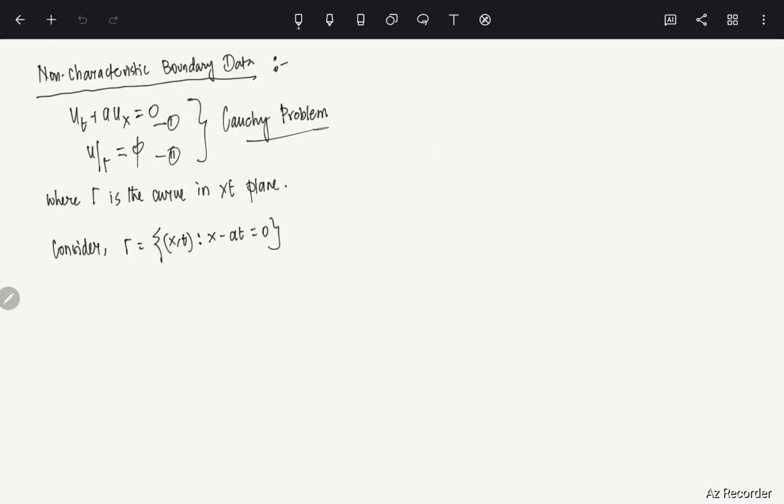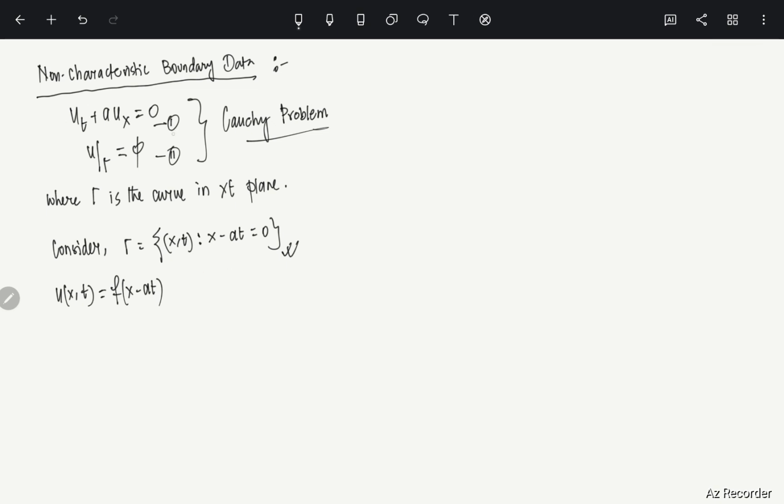So here also, let's say that I give you this data: u restricted to this gamma is phi. That's the data given to us. If that is the data given to us, then what is the solution? u of x, t is an arbitrary function of x minus a t.